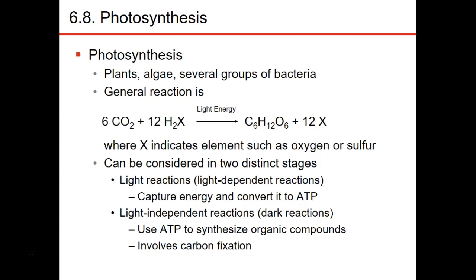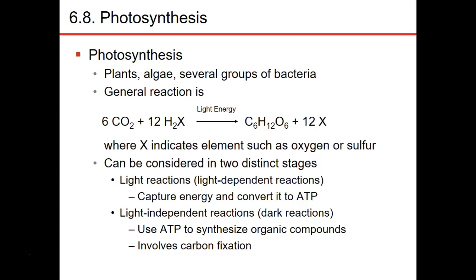So in aerobic respiration, we started with glucose and oxygen, and we produced carbon dioxide and water and energy. In this case, we're going to start with carbon dioxide and some type, typically we think of water, H2O, but it could be something else like H2S, hydrogen sulfide.